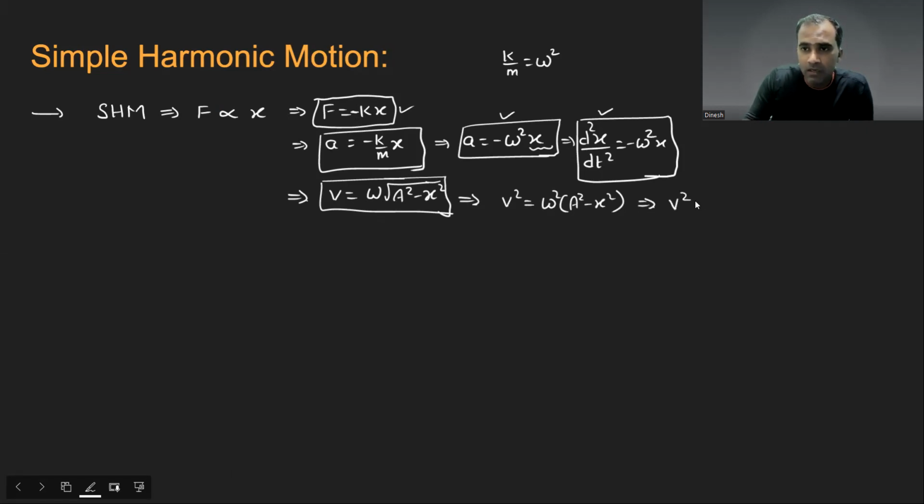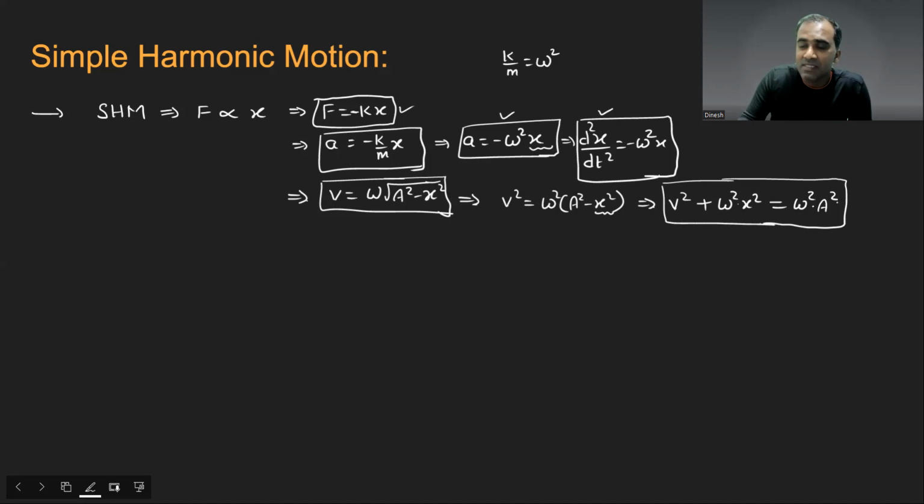V square plus omega square x square is equal to, I hope you're following, the first part is omega square a square, the second part is minus omega square x square. Minus omega square x square, I'm putting on the other side, then it becomes plus omega square x square. What is left on the other side? Omega square into a square. Right? So look at this equation.